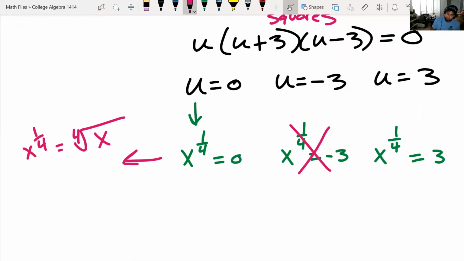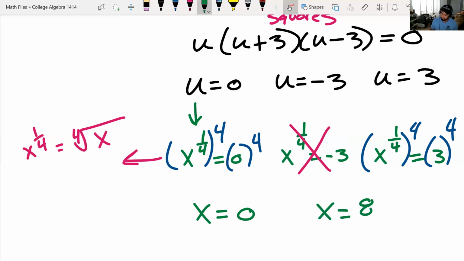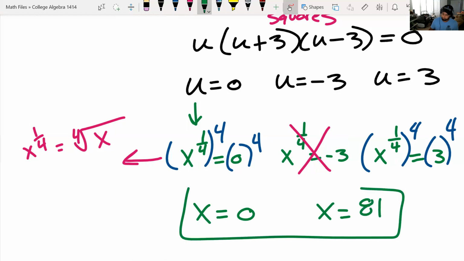Which means now raise everything to the 4th power. All right, and we will get x equals 0, and x equals whatever 3 to the 4th is, 81? I think so. And there we go.